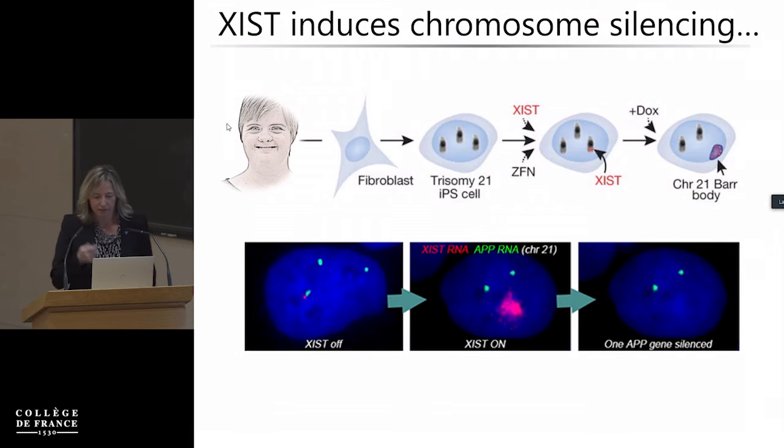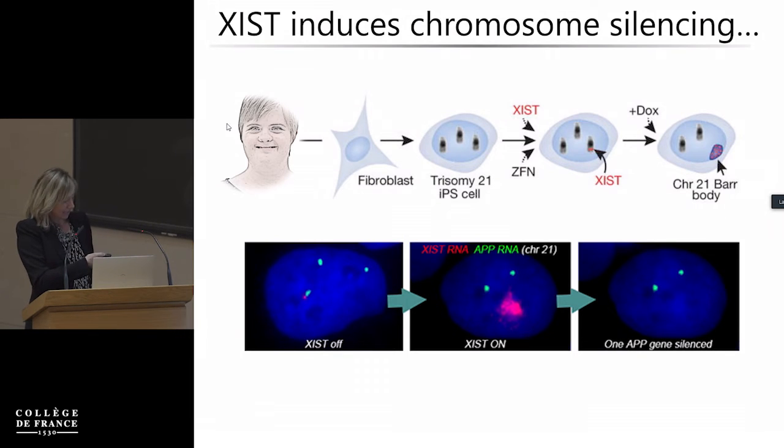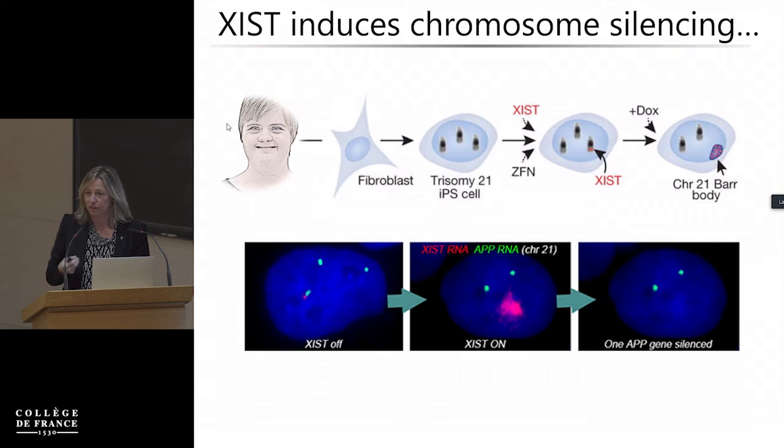And so many people, including Edith, have used transgenic approaches to study the function of the X inactivation center. So in that case, what the group of Jeanne Lawrence has done, it's quite a nice experiment, is that they tackled the question of whether GXIST could silence an extra chromosome 21 in Down syndrome cells. And so what they did was to introduce artificially a GXIST cDNA.